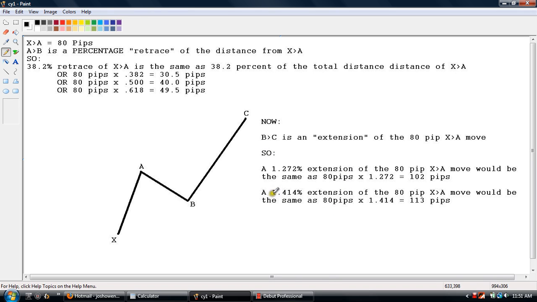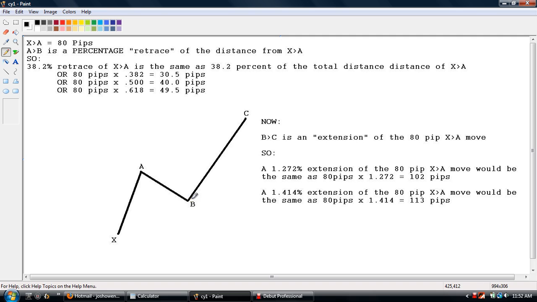Okay? Now if it's a 141 extension of the XA move, 80 pips times 1.41 or 141% is going to net you 113 pips in this direction. So once again, this is your XA impulse leg.